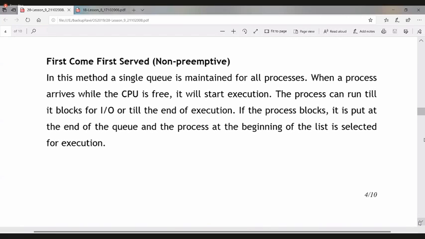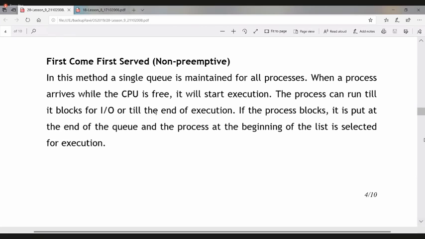So the first one is first come, first serve. It is like a queue, like if you go to the canteen, right? That is the first come, first serve basis. Last come, served last. So one after another in a queue. That's the concept.